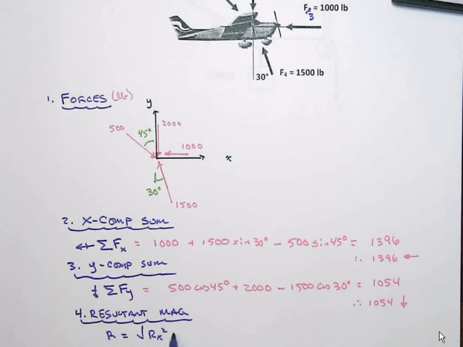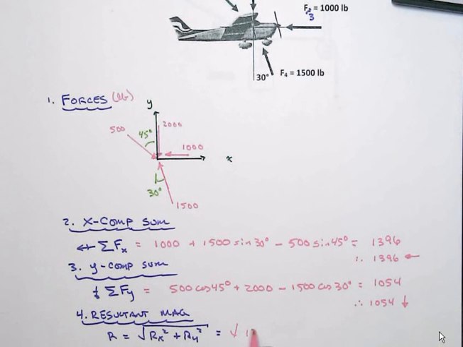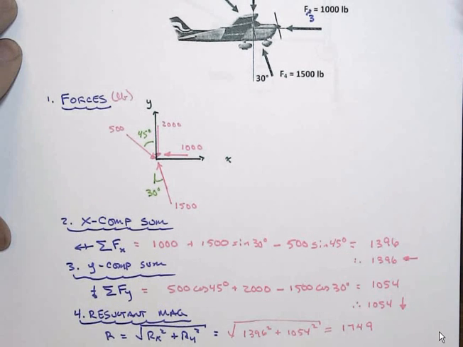And so we'll have square root of 1396 squared plus 1054 squared, and that is going to be 1,749 pounds approximately. And depending on what you carry through, you might get 1,750 for that number.